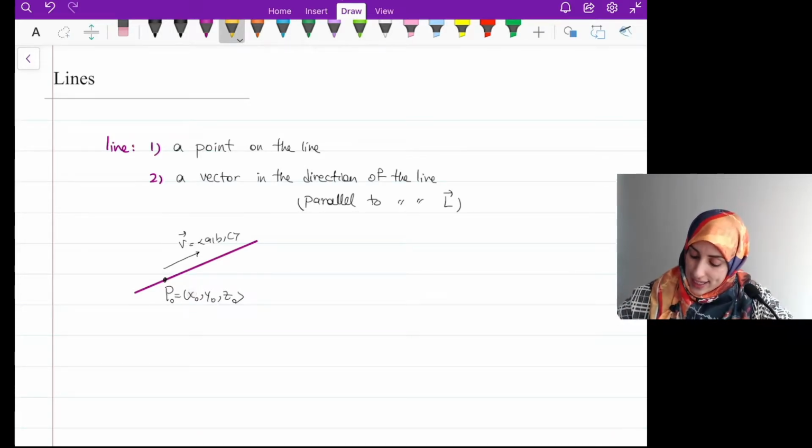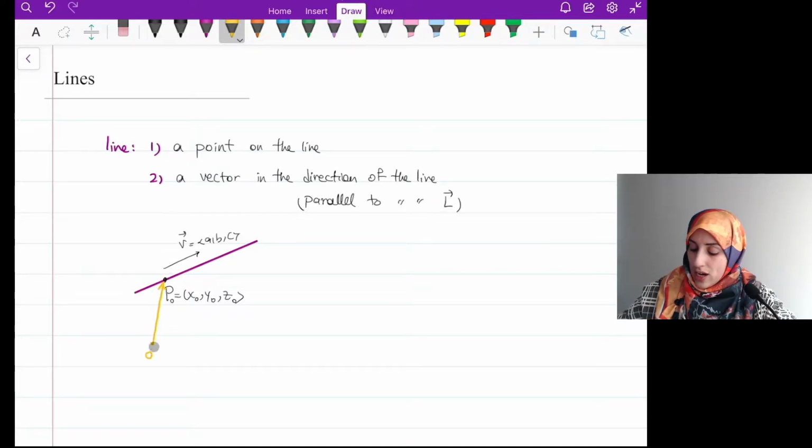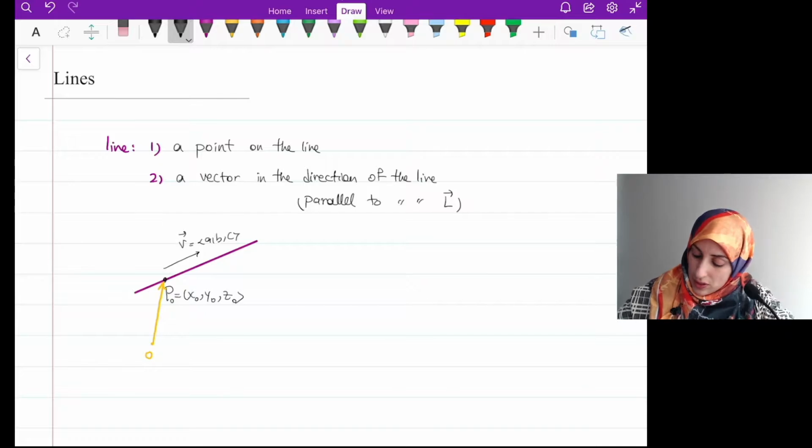How? I have the origin in here, and I consider OP0, this vector. If I have just one copy of v, I get to this point on the line. So OP0 plus v is a point on the line.